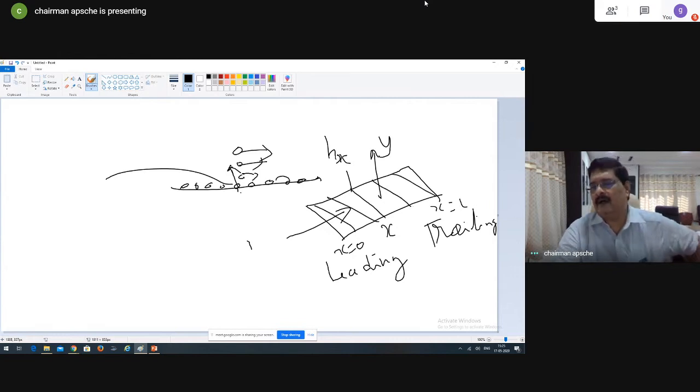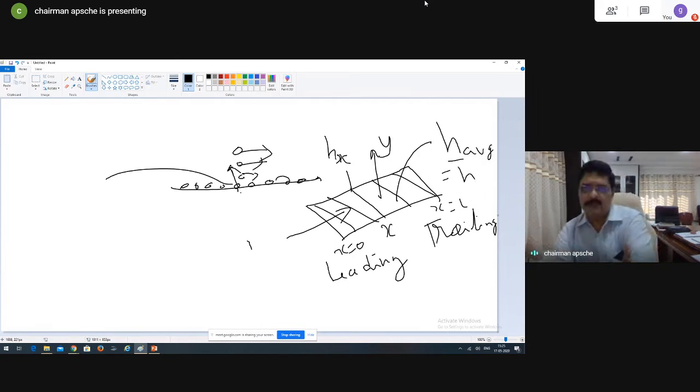As x varies, heat transfer coefficients vary. Now, I calculate all these values at different x values and get the average. So that is the average heat transfer coefficient. When I talk about the average heat transfer coefficient, I am talking about what heat transfer coefficient is prevailing over the plate on average. At the leading edge it may be smaller, at the trailing edge it may be larger. So that talks about what heat transfer coefficient is prevailing at an average.